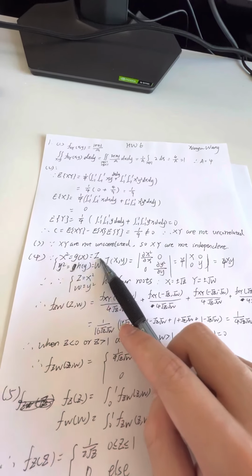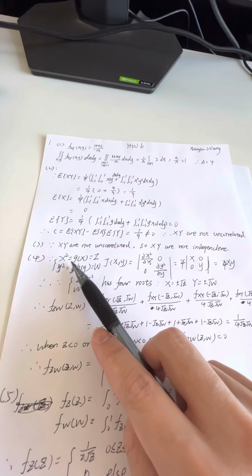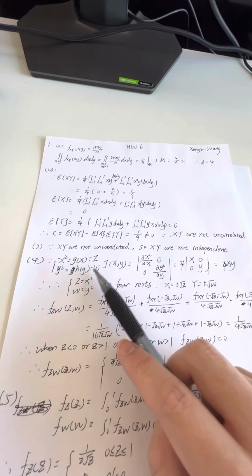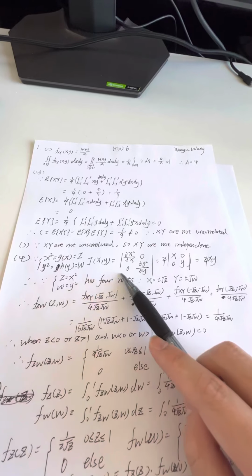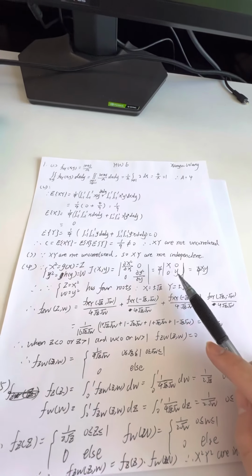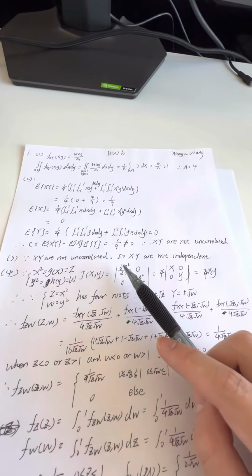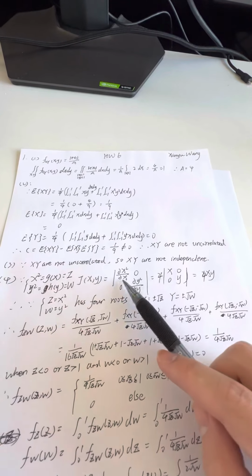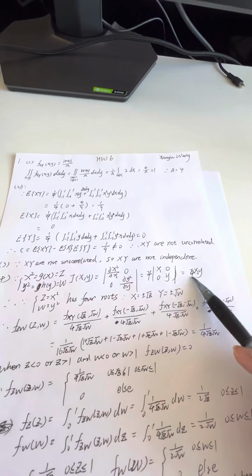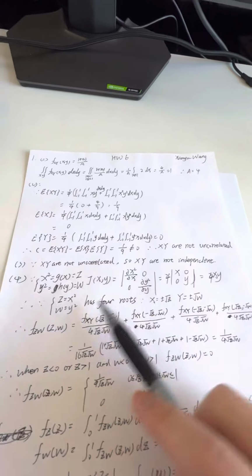We set z equal to x squared and w equal to y squared, and we calculate the derivative, and we get that the result is 4xy.